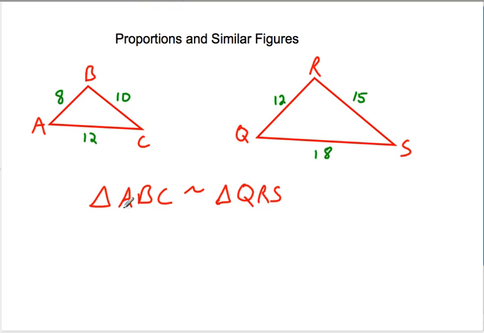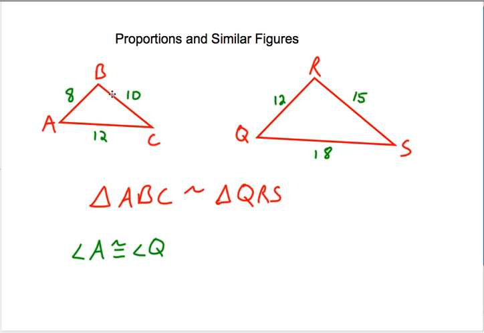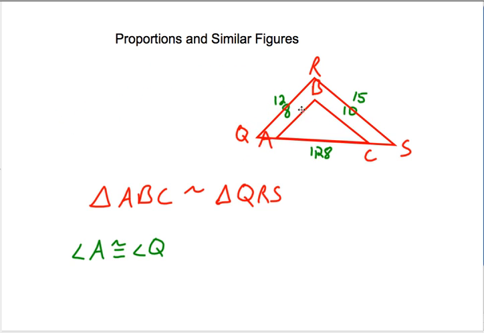The order of the lettering when naming these triangles and saying they're similar is very important, because if the first letter is an A here and the first letter is a Q here, that means that angle A is congruent to, that's what this symbol means, angle Q. So angle A is congruent to angle Q. We can check that by moving this on top of it. So angle A and angle Q are the same.